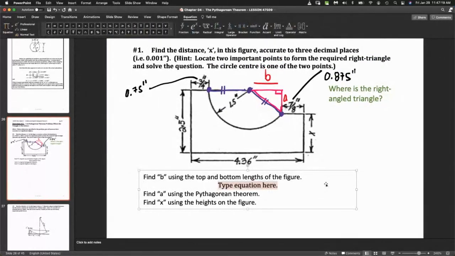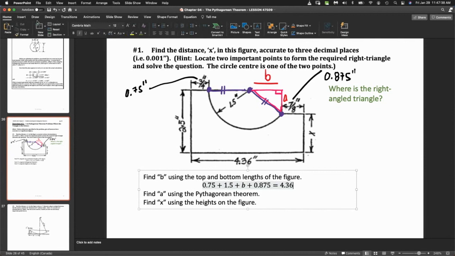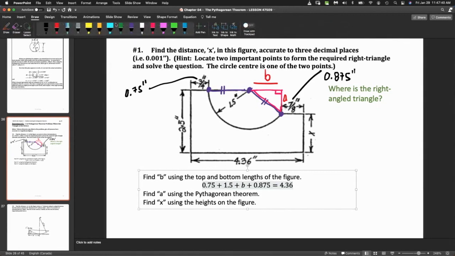So B is going to equal the following. So we know that 0.75 plus 1.5 plus B plus 0.875 equals 4.36. So what I did there was the following. I said that this plus this plus this plus this equals this.